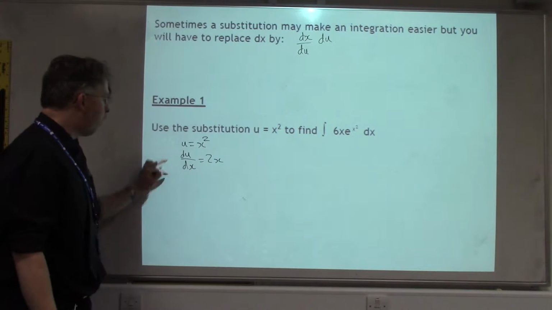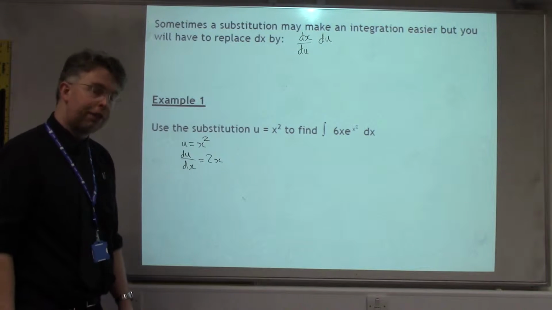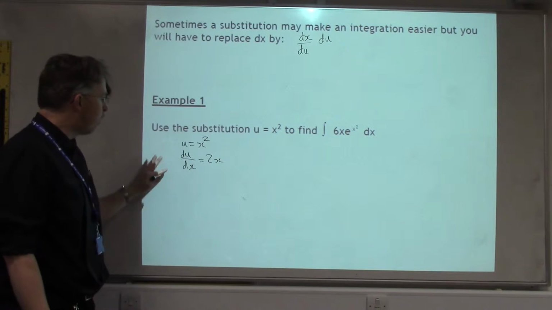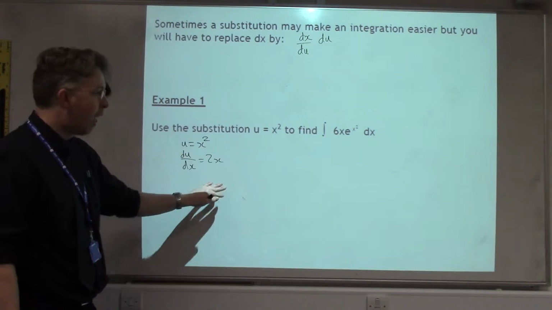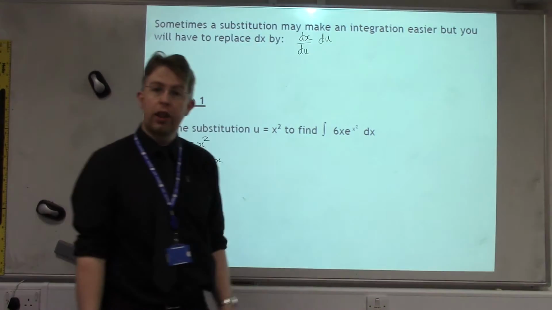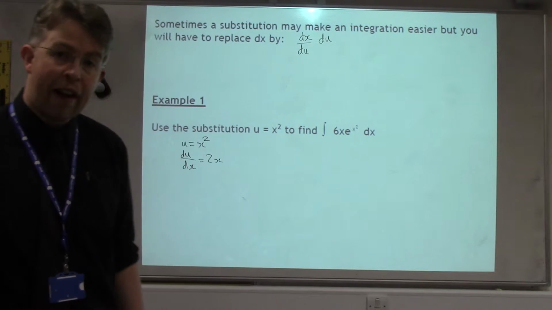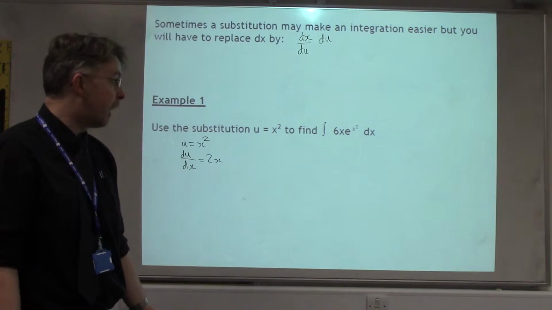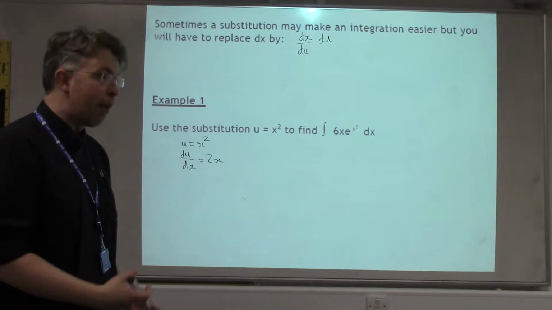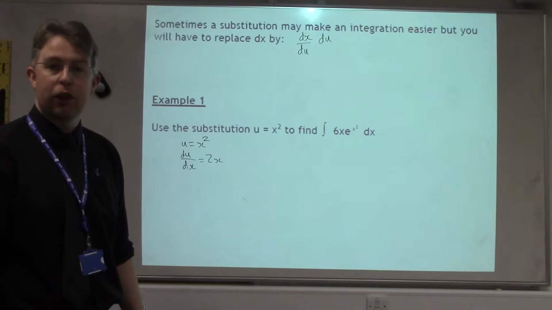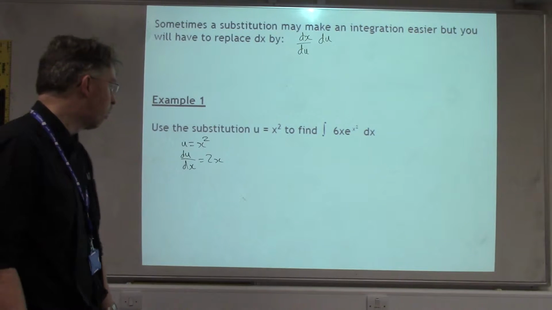Although du by dx is not a conventional fraction, it can be useful to pretend that it is and rearrange that to dx equals, and that will then tell you exactly what you need to substitute into the integral to replace the dx. It's not mathematically accurate. It is, however, almost like a paper trick to make sure that you do the integral correctly.